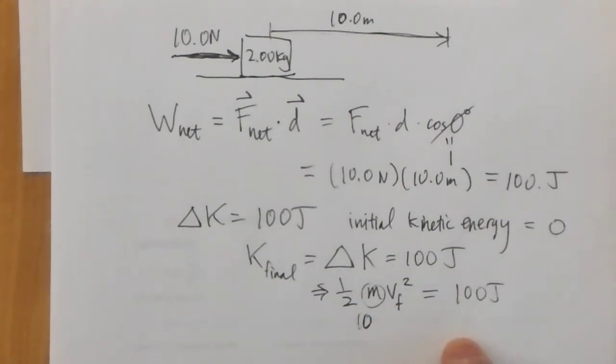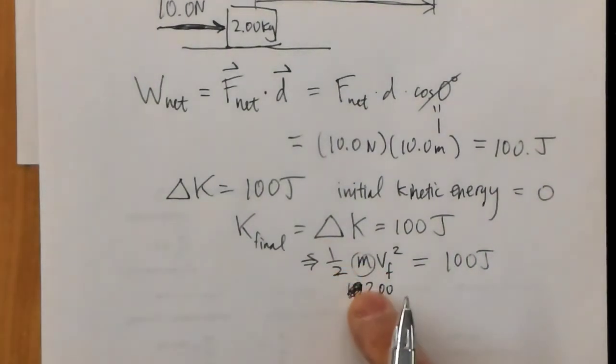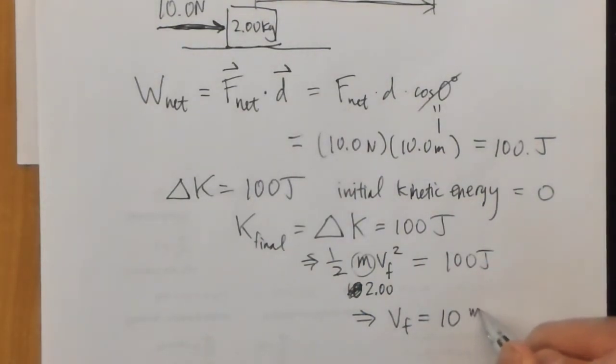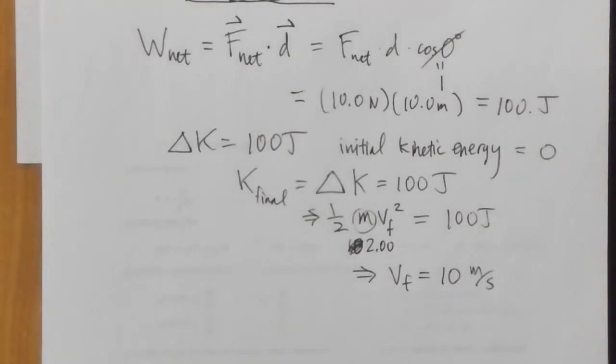And then I end up with, so mass is 2. Yeah, mass is 2, because my numbers weren't working in my head. Okay, sorry about that. I lied. The mass is 2. So then 1/2 cancels the 2. And so V final is equal to 10 meters per second. Okay? Any questions about that?